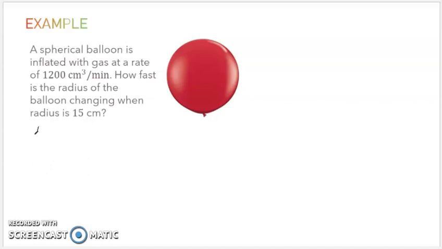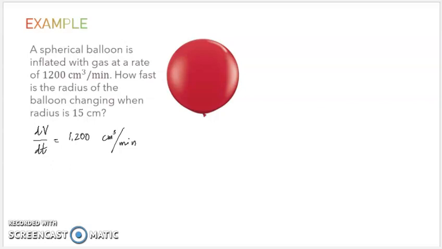We have the derivative of the volume of the spherical balloon with respect to time as 1,200 cubic centimeters per minute. It's positive because when we inflate a balloon, the balloon's volume gets bigger. So it's increasing in volume, so we use positive.